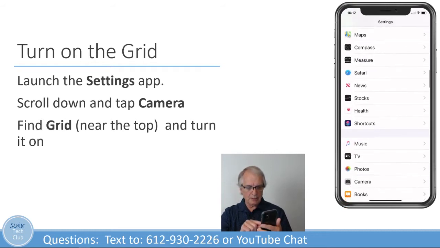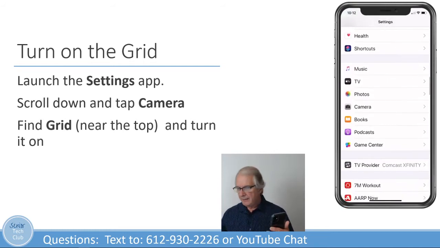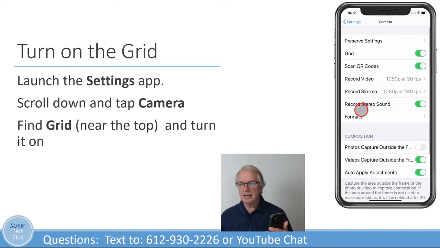It's quite a ways down. When you find Camera, you tap on it. Now at the top of the screen you see Grid. Green means on. In this case, you can turn this on.